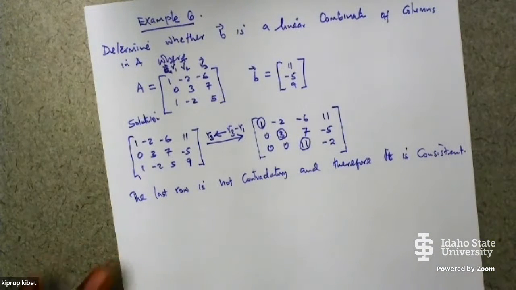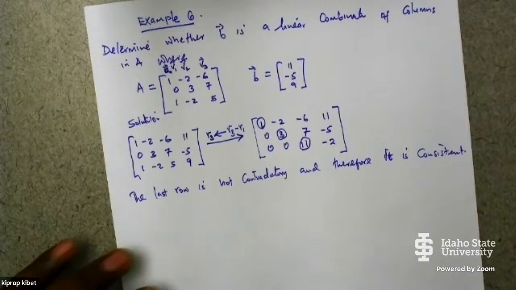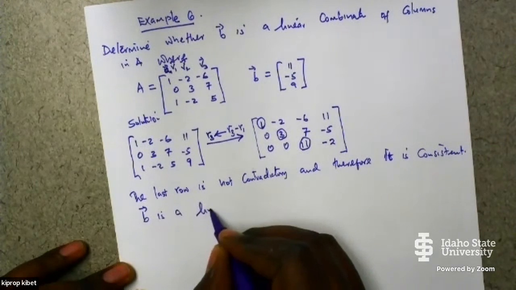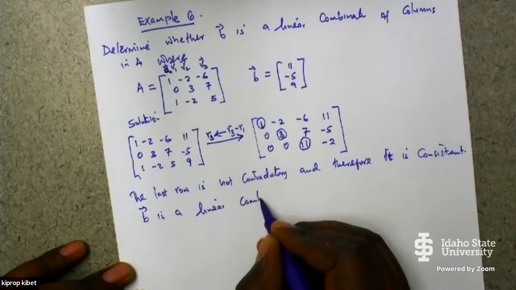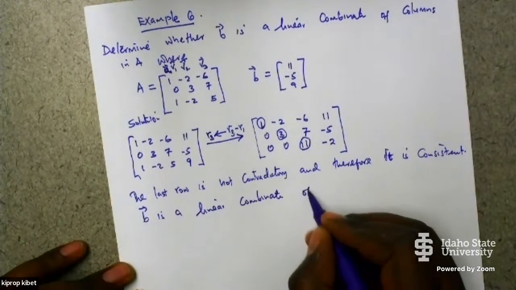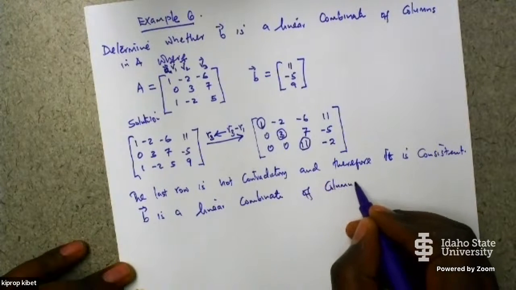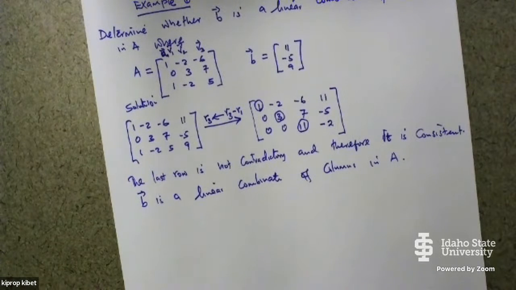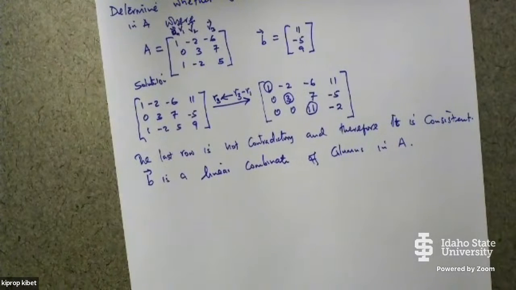If it is consistent, then it means that B is a linear combination of the columns in A. That's it. Just check whether the last row is contradictory or not.